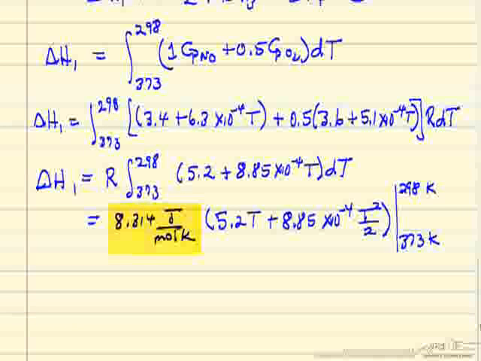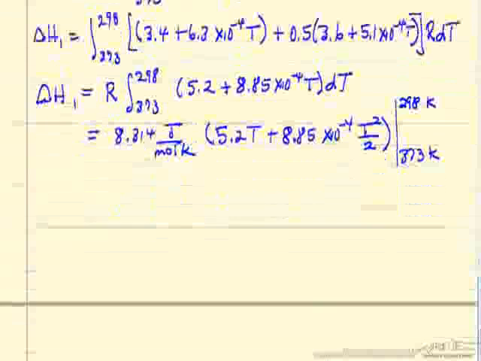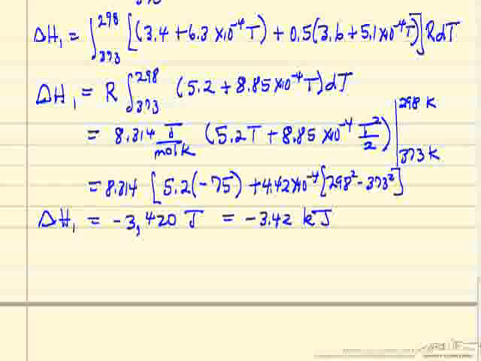We'll do the calculation in joules per mole. Then we substitute in the limits. T final minus T initial, 298 minus 373, is minus 75, and then we have these values squared. We do the calculations and end up with delta H1 of minus 3.42 kilojoules. It's negative because we're taking energy out to cool down.